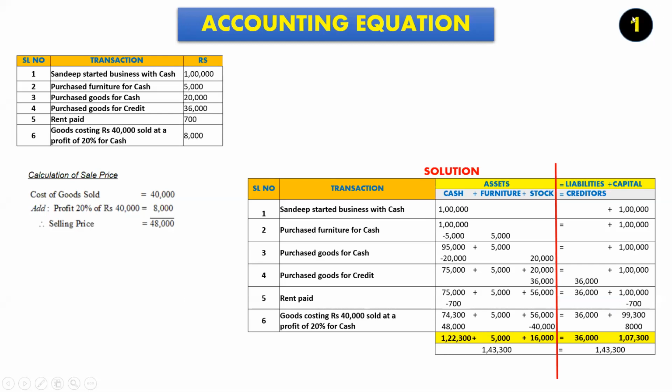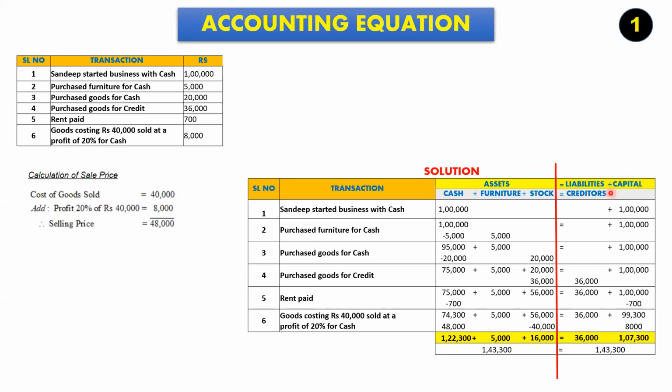So problem number 1 says we need to prepare a statement based on the accounting equation. So what does it say? Sandeep started business with cash, 1 lakh. Here in the solution, how much goes on the asset side, and how much on the liability and capital side?